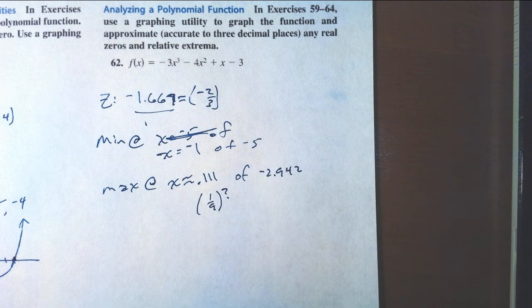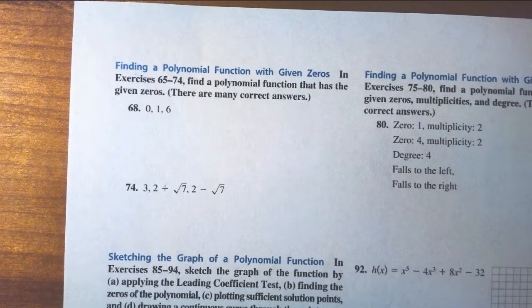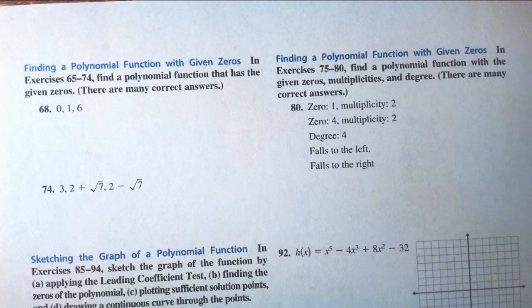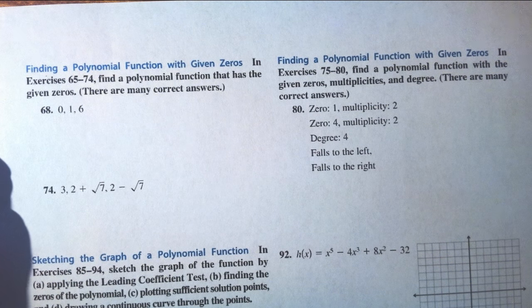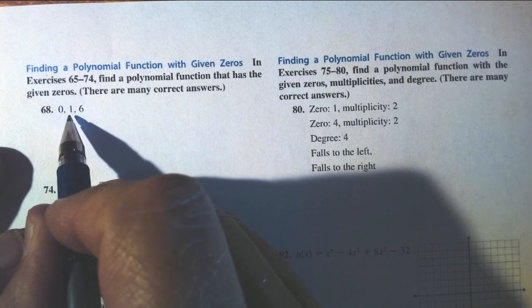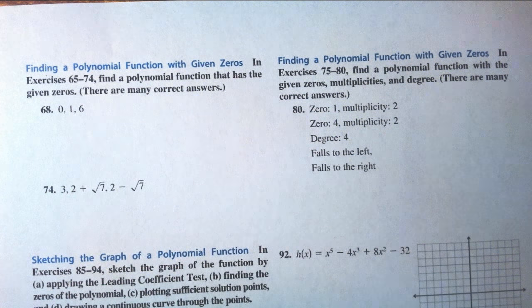We got a few more examples here. Find a very, very important section for us moving forward in this course. In exercises 65 to 74, find a polynomial function that has these zeros. Well, if, for instance, 1 is a 0, I'm going to take you back to here.